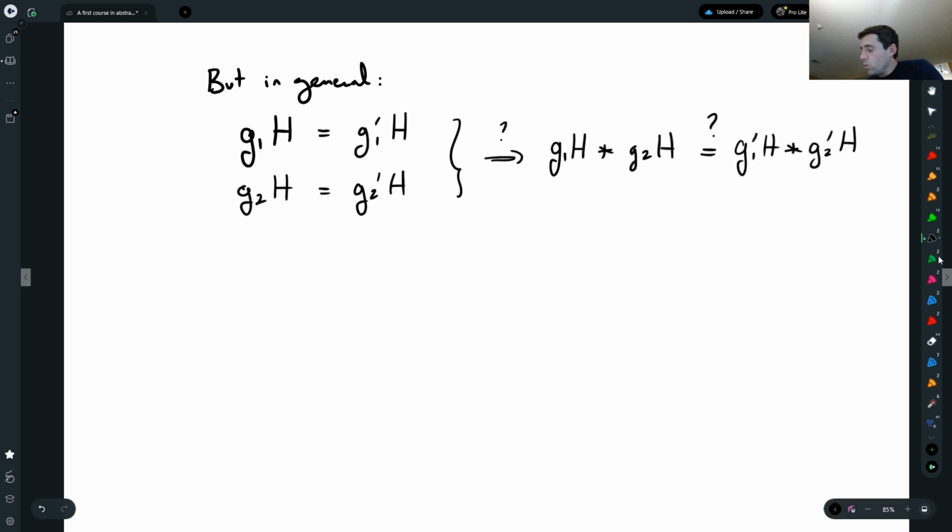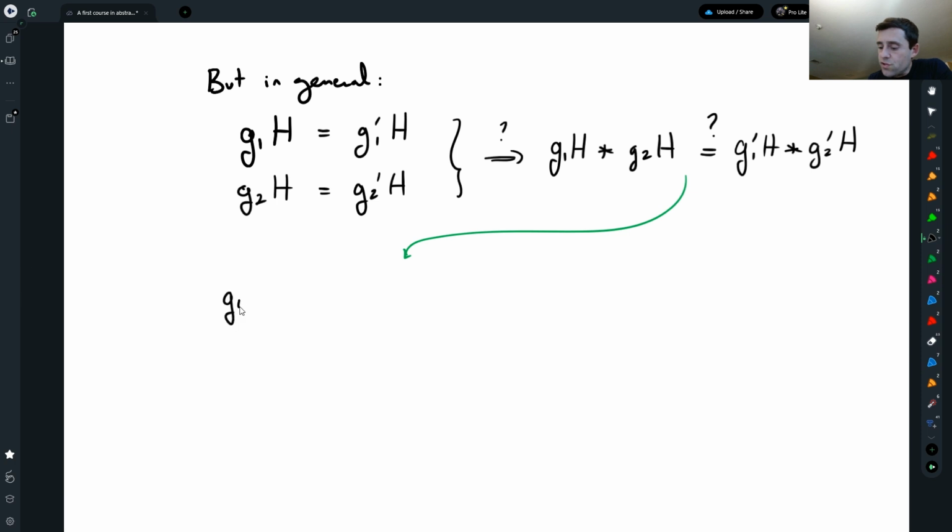Well, let's see what this is. On the left-hand side, I have g1 g2 H, and on the right-hand side, I have g1 prime g2 prime H.